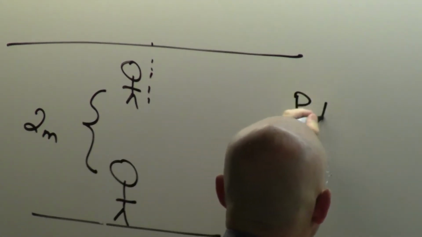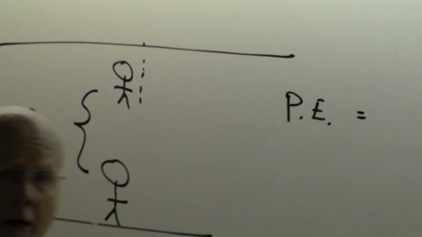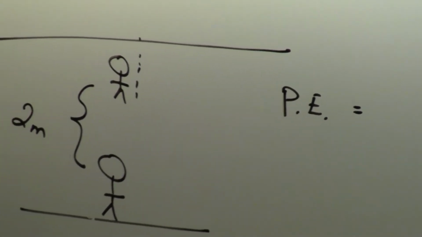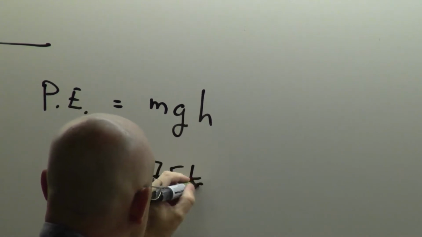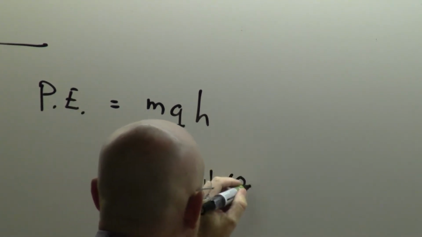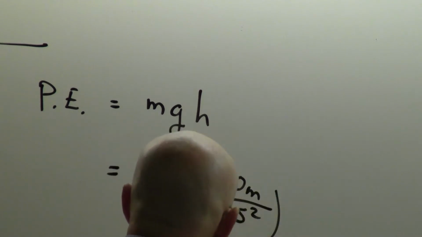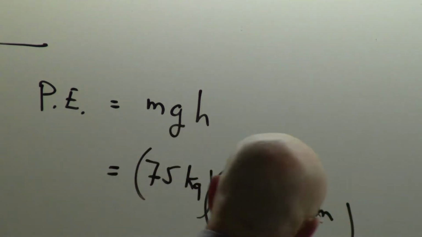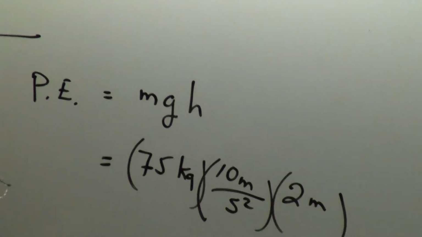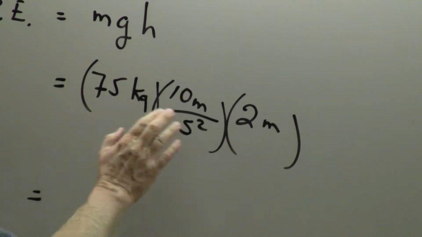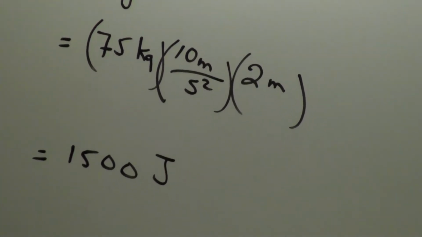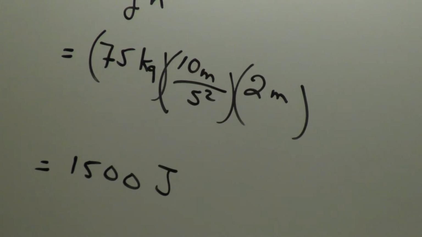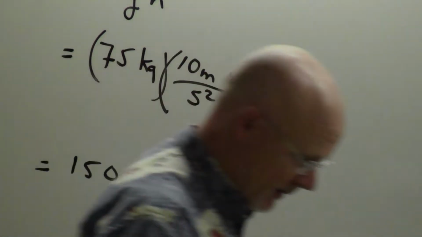The amount of energy for me to go up 2 meters, mgh, would be, and I'm about 75 kilograms, g is roughly 10, and I'm going to go up roughly 2 meters. So 2 times 75 is 150, and then another 0 is 1,500 joules. So it's going to require 1,500 joules to get to the ceiling.